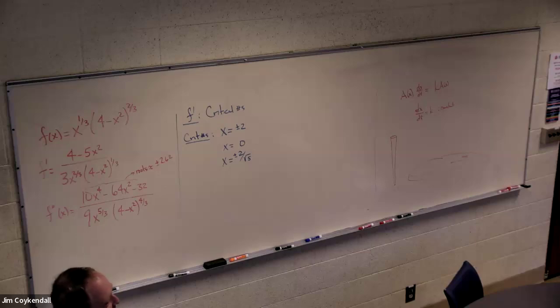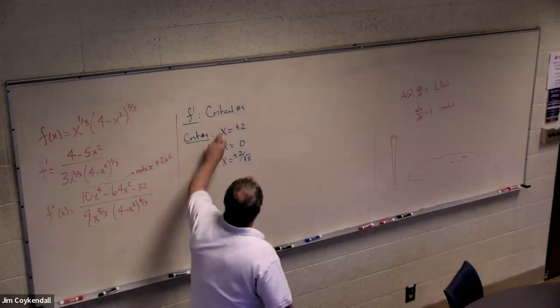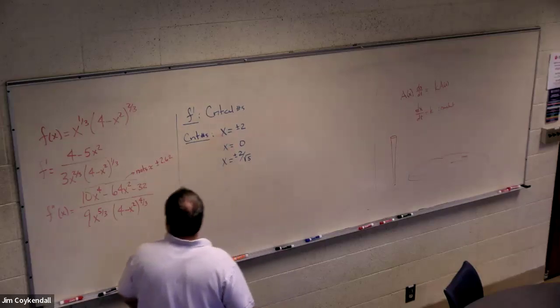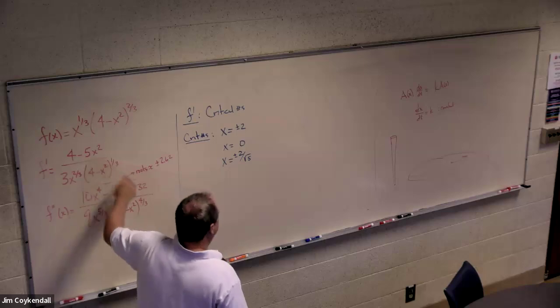What do critical numbers tell you? They are places in the domain of the function where the derivative is what? One or the other, either 0 or doesn't exist, right? What happens here? It doesn't exist. What happens here? The derivative is 0.